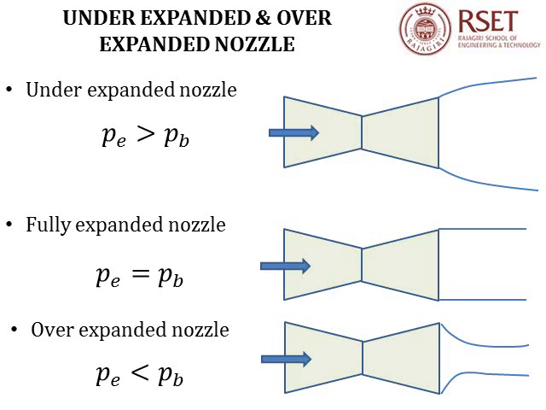Next, we have the exit plane pressure less than the back pressure. In this case, there are shock waves that exist just outside the nozzle exit plane, because of which the flow gets converged inwards. And we know that shock waves are highly dissipative in nature.